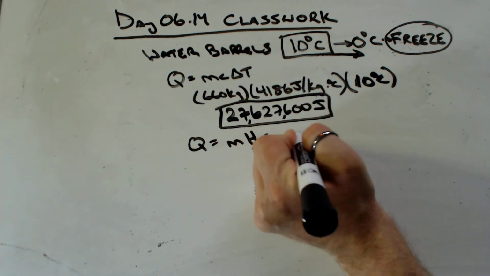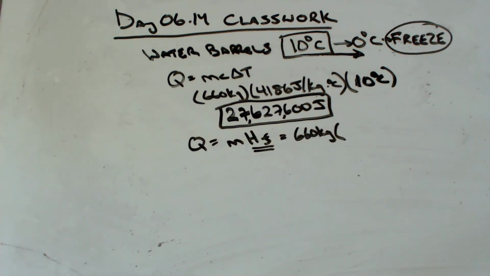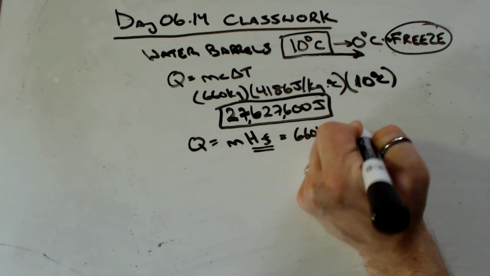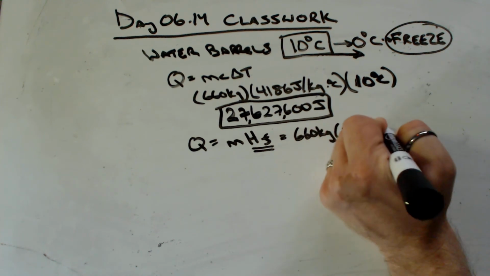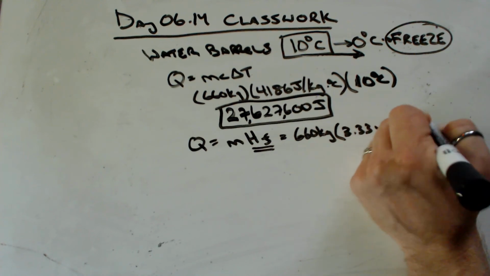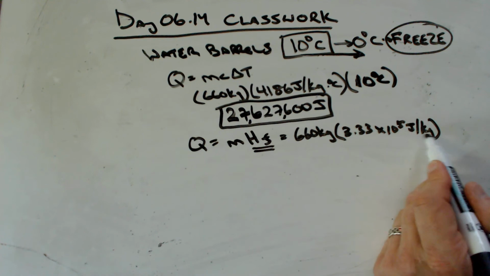So 660 is the mass, and in chemistry the unit of the mass was probably either calories or maybe grams. But in physics we stick to kilograms and joules, and the value is quite large. It is 3.33 times 10 to the 5 joules per kilogram.